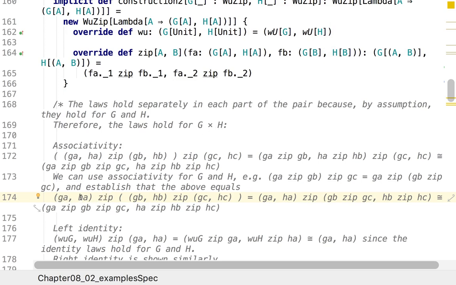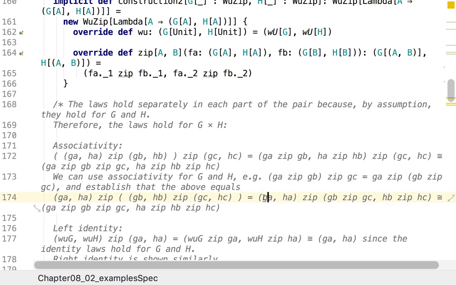So let's zip together the second two. And the result will be like this. We have this pair, and then we zip it with this GAHA.